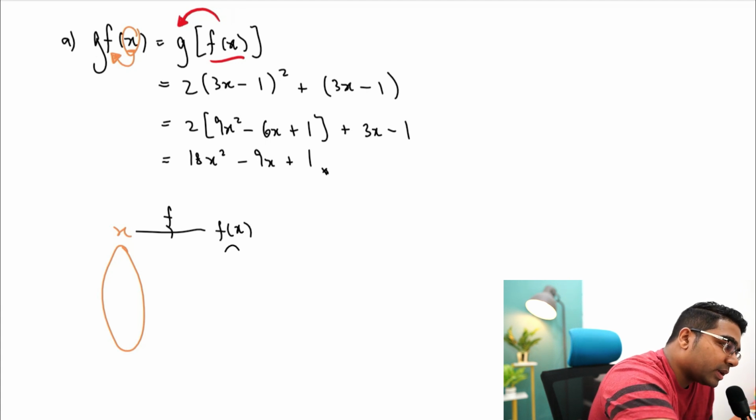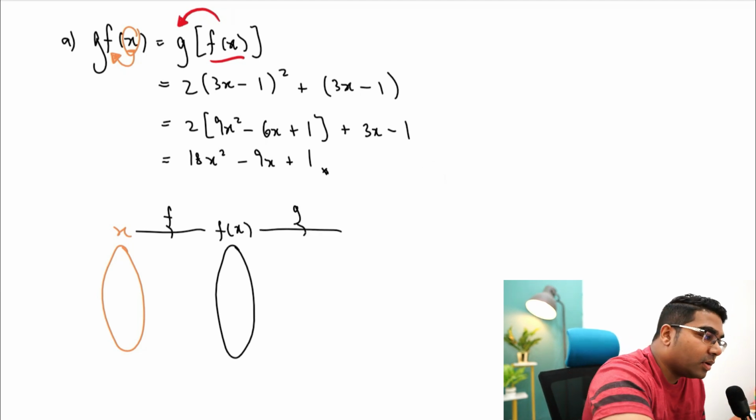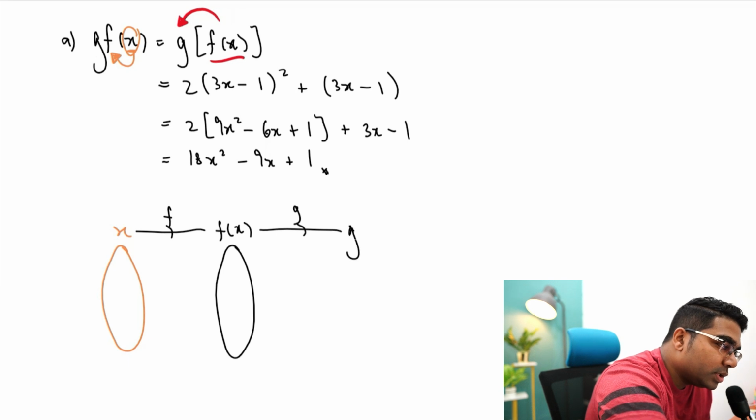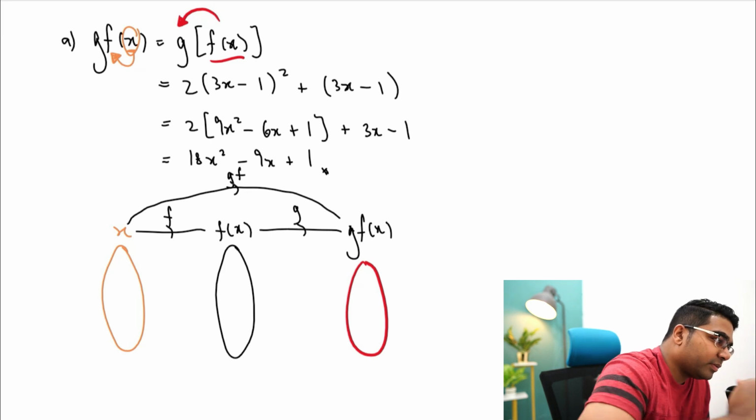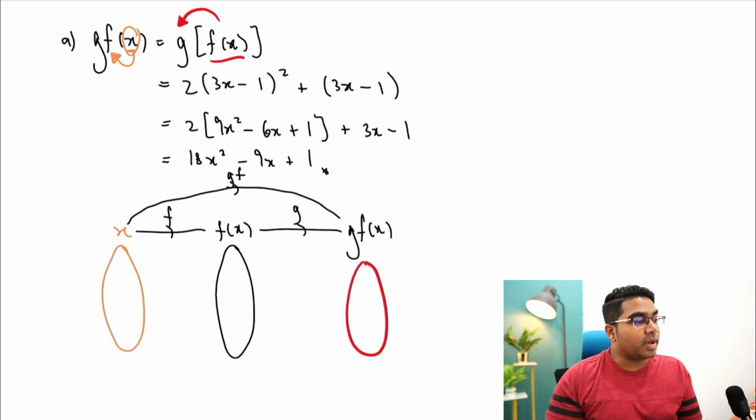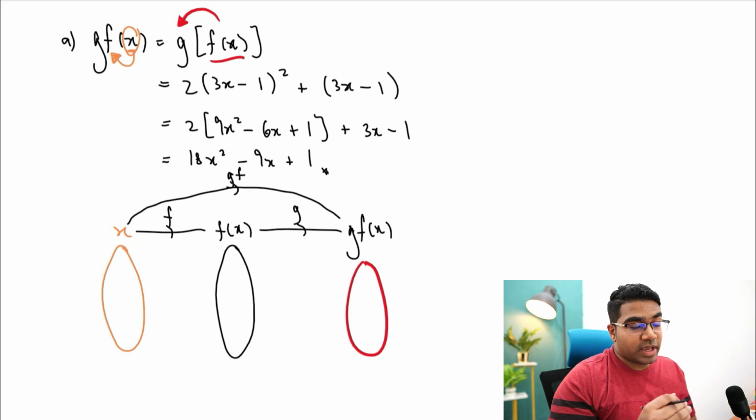So this is the next set, and then the function g maps f of x onto g f of x. So this is the last function. The composite function here, from x, is gf. gf is the function that maps x to gf of x.